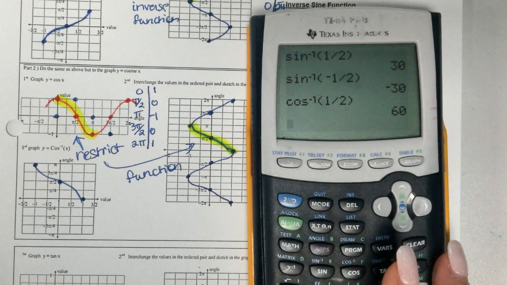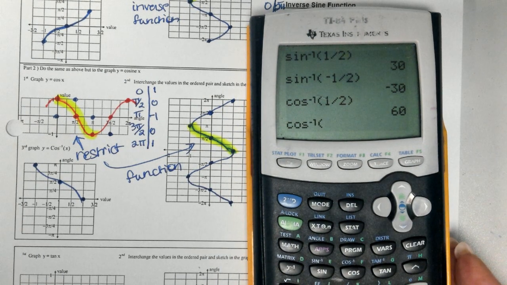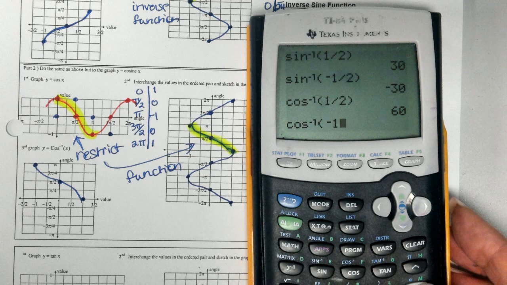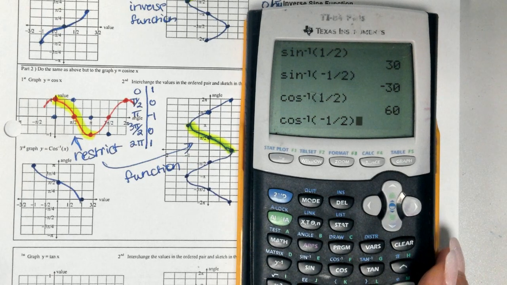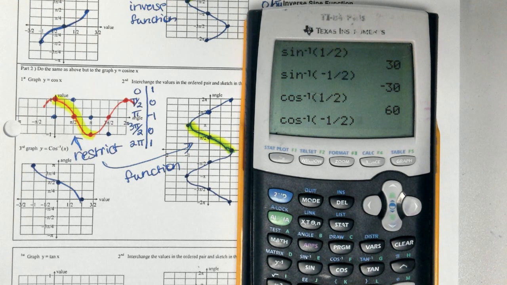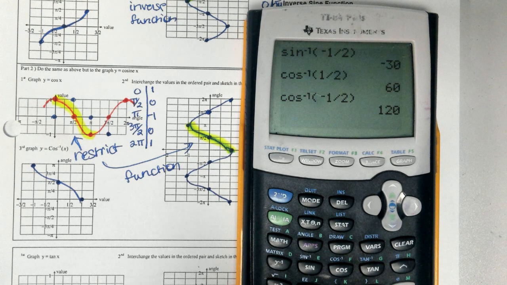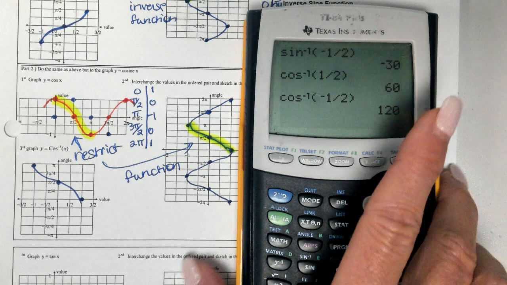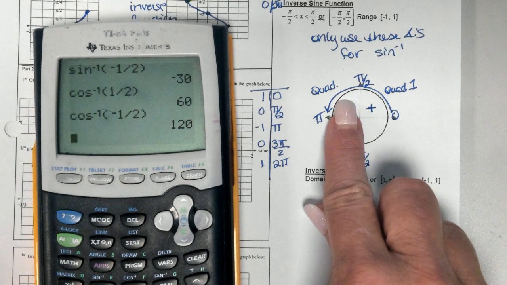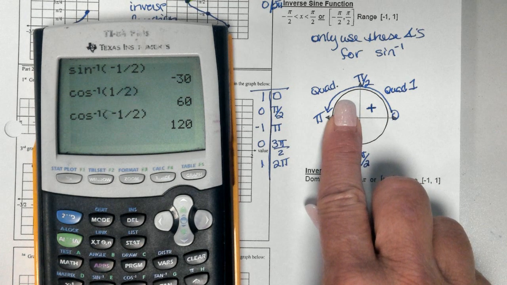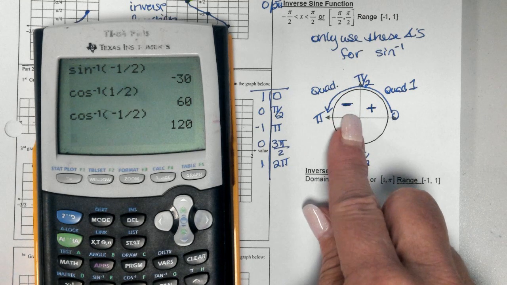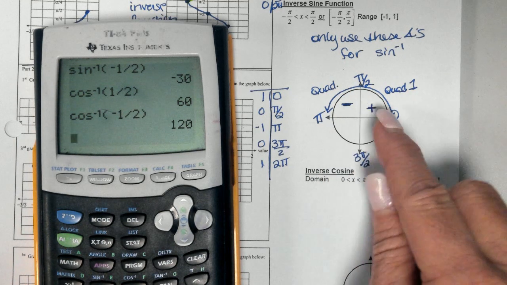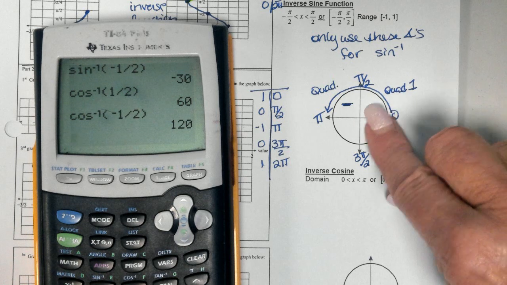Now type in inverse cosine of a negative 1/2, and guess what degree it's going to give you for that one? 120. And then everybody goes, but wait a minute, why isn't it giving us a negative? Because we're restricted to quadrants 1 and 2. Cosine has a positive ratio right here at 2 pi over 3, just like it does at pi over 3, has a ratio of 1/2.